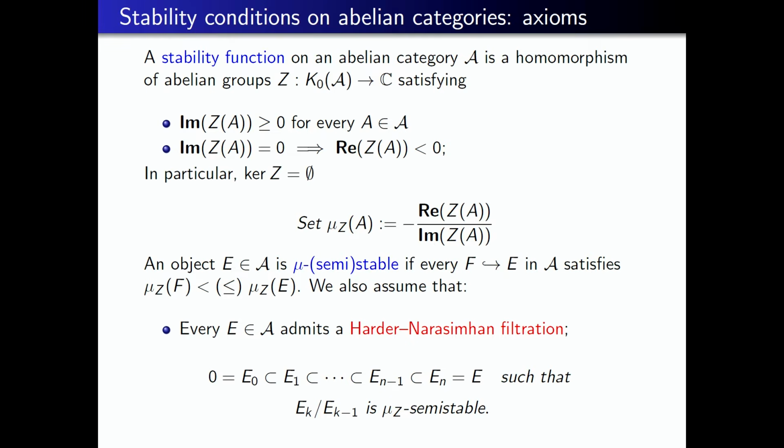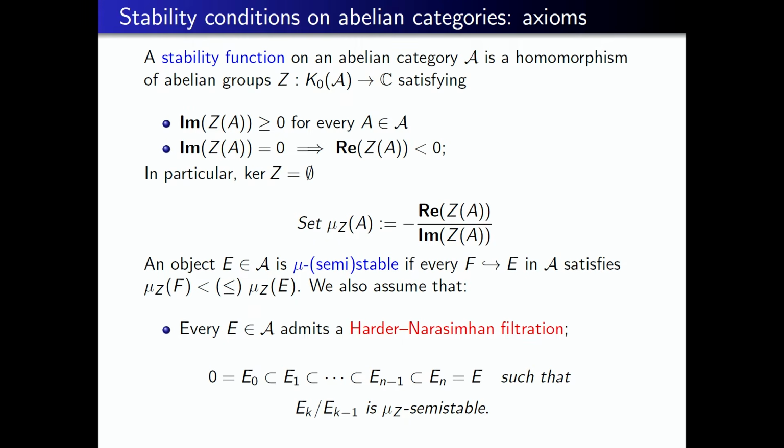So let me start by saying what a stability function is, right? On an abelian category, a stability function is a group homomorphism from the Grothendieck group of the abelian category to the complex numbers, satisfying these properties. The imaginary part has to be non-negative, and the real part has to be negative when the imaginary part is 0. Right? So that's the rule.